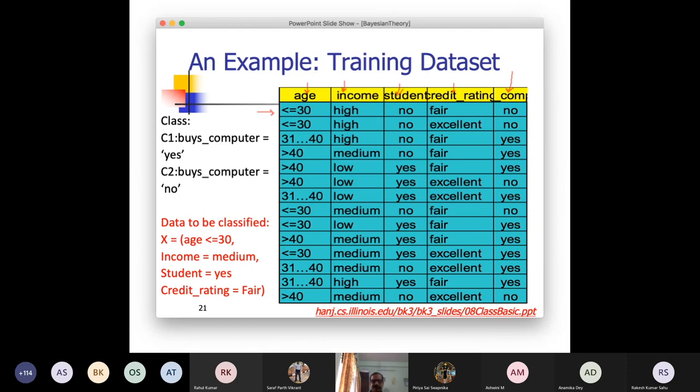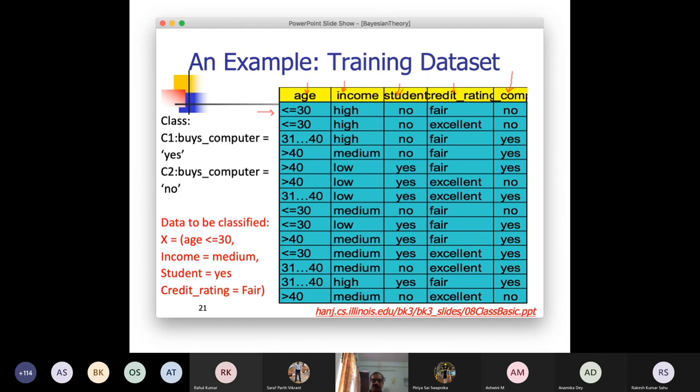So under the Bayesian framework, what you need to do is compute the posterior probability of C1 given the instance X, and the posterior probability of C2 given the instance X, and then choose that class, either C1 or C2, whose posterior is maximum. Is it clear? So this is what you need to do.